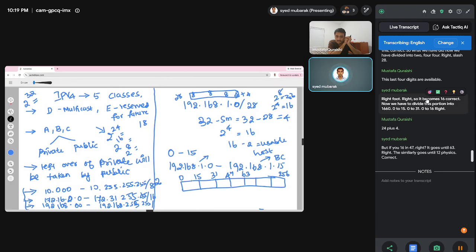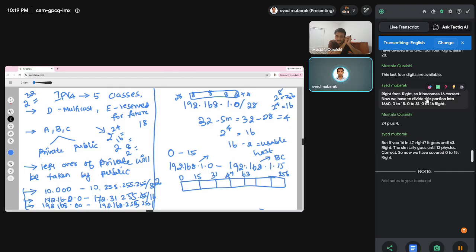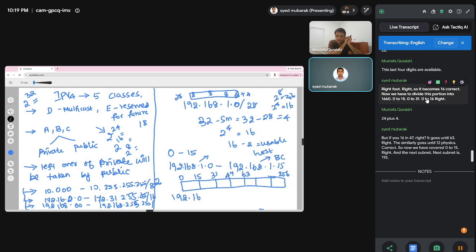So now we have covered 0 to 15, and the next subnet is 192.168.1.16/28.